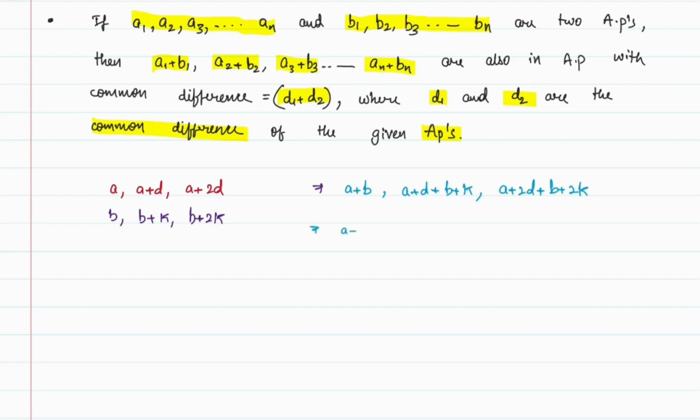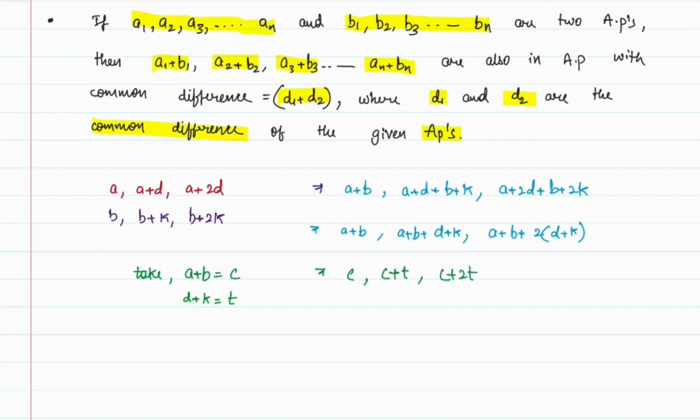Now here we can see that this will become a plus b, comma, a plus b plus d plus k, comma, a plus b plus, taking 2 common, we can write it as 2 times d plus k. Now here let's use substitution. So take a plus b equal to c and d plus k equal to t. Then this becomes c, c plus t, c plus 2t.